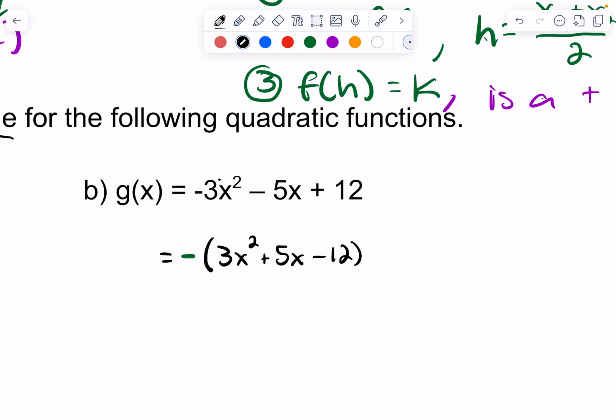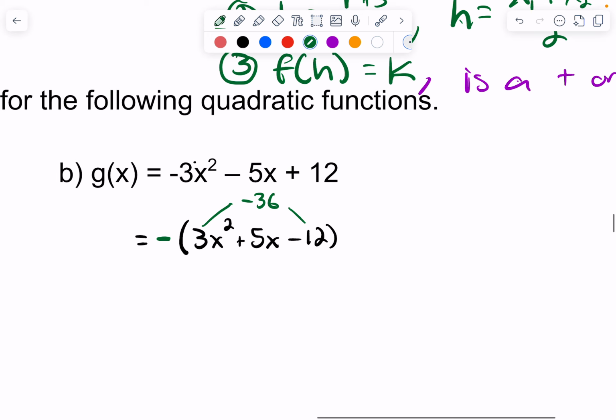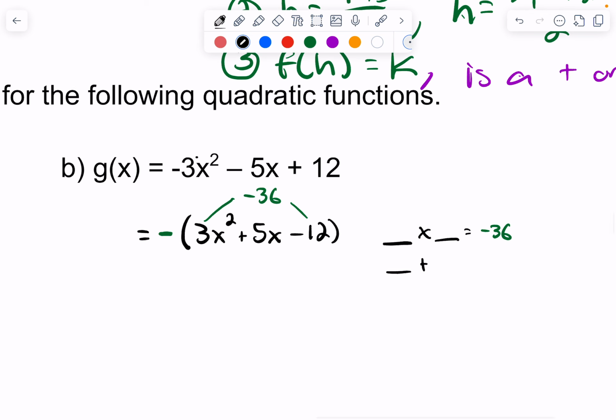So take 3 and negative 12, you're going to get minus 36. So two numbers that multiply to give you minus 36. And those same two numbers need to add up to give you 5.